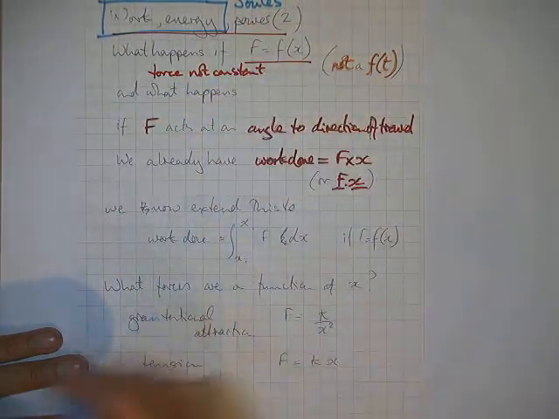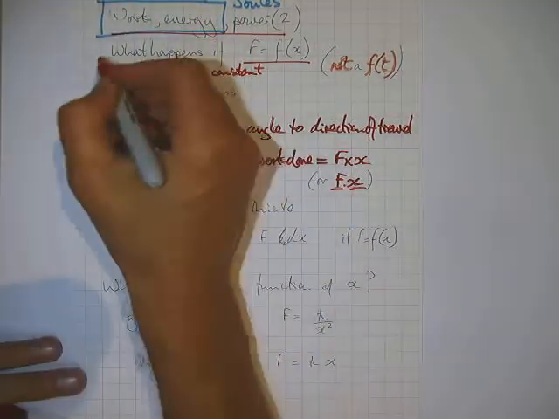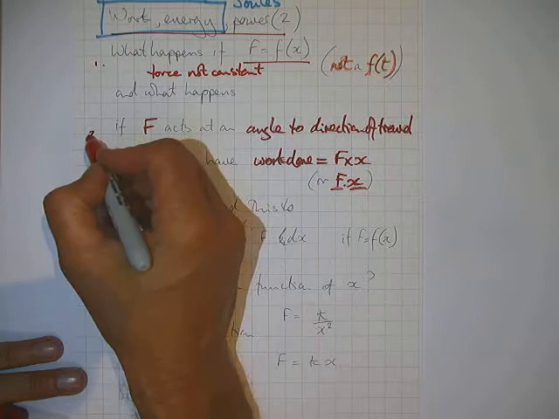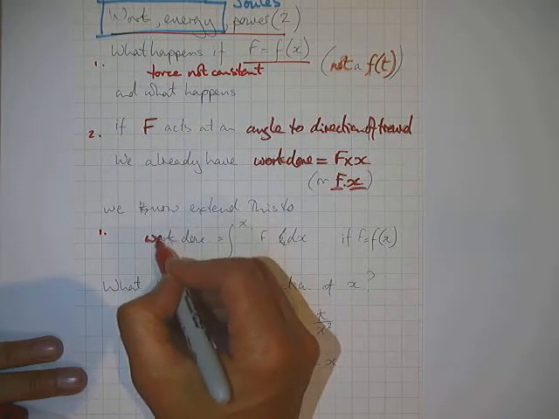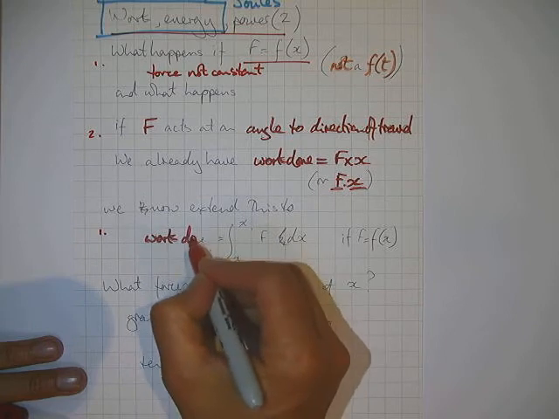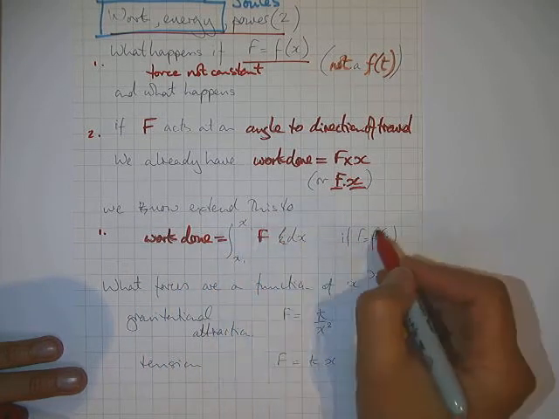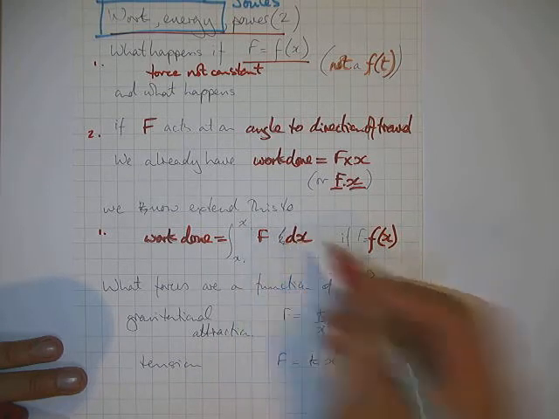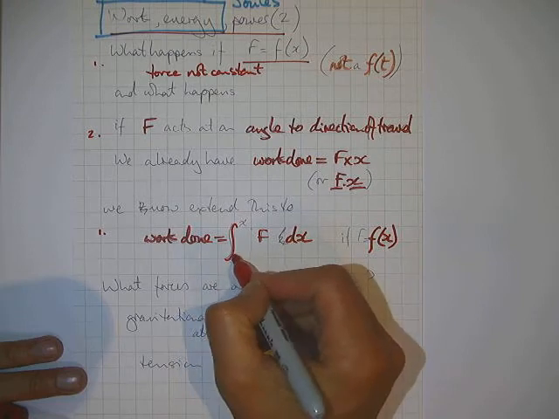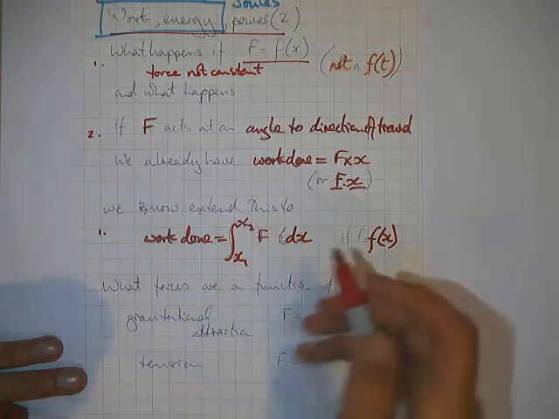So what we're going to do, the first thing we're going to look at is, if that's the first thing and that's going to be the second thing, the first thing is that we're going to say that work done, if we know the force as a function of x, we can integrate it with respect to x using limits of the starting and finishing displacement.